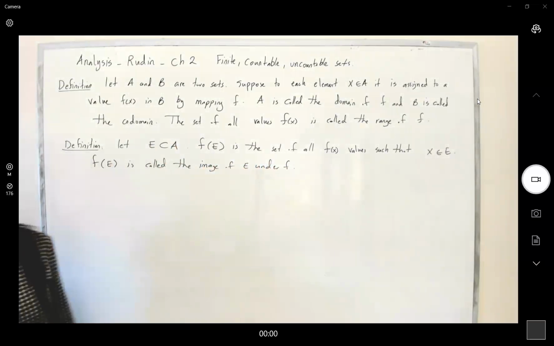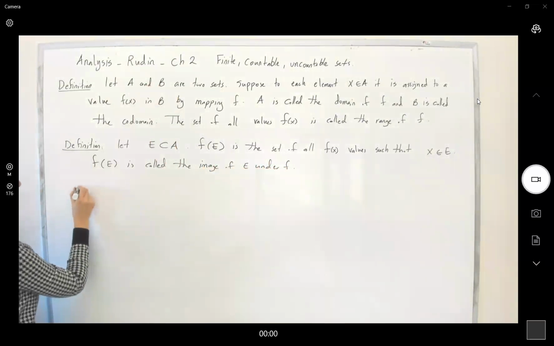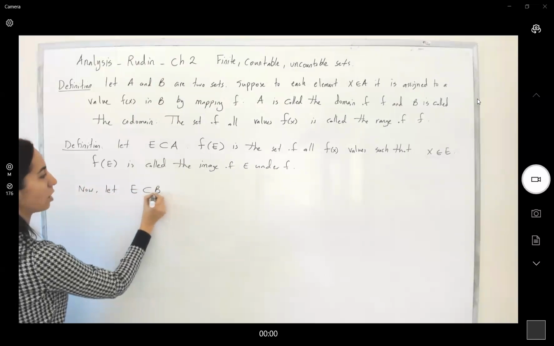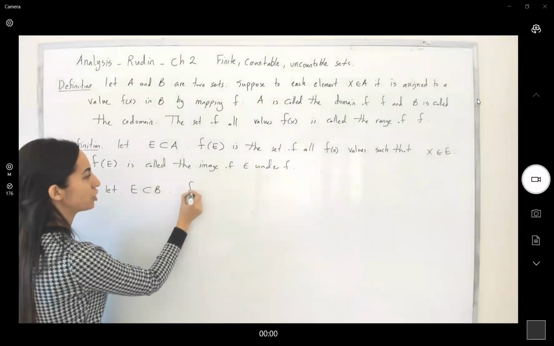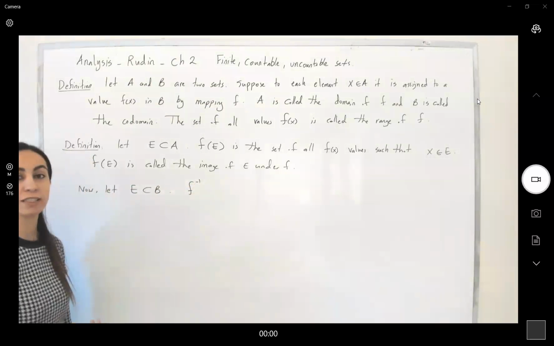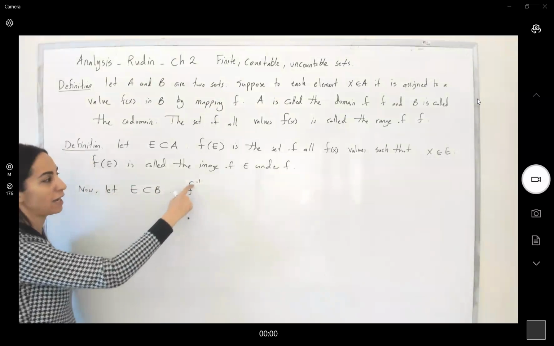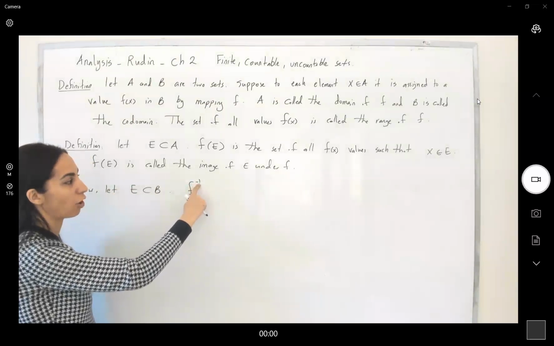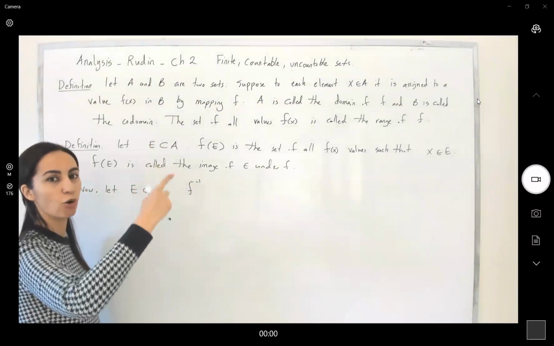Now suppose you take a subset from B. Now let E be a subset of B. The notation that we use for the inverse image has a little bit of change, with -1 as the exponent, but it's not actually 1 over f.